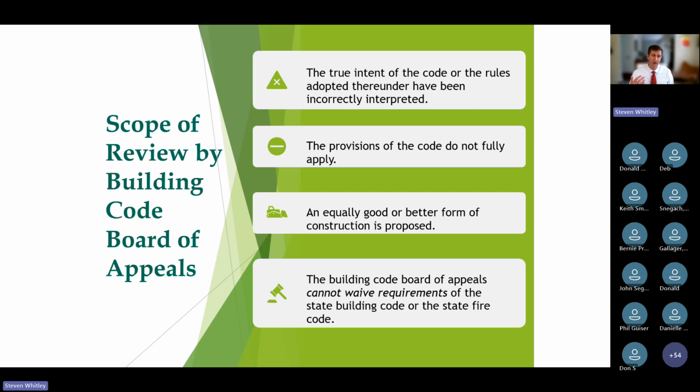And so when that happens, I think it's a really good idea to have a conversation with the ZBA acting as the Building Code Board of Appeals to remind them of how their standard of review is different than maybe what they're accustomed to as a typical ZBA review.